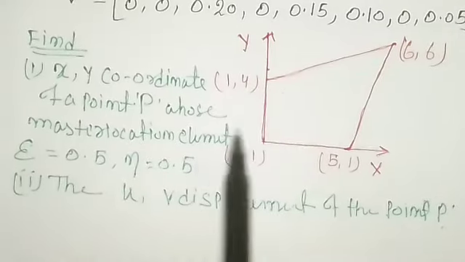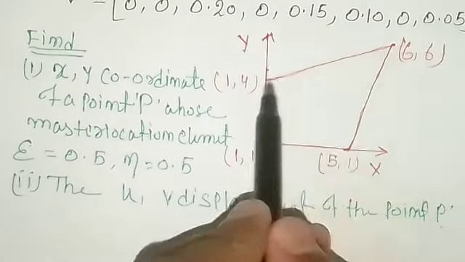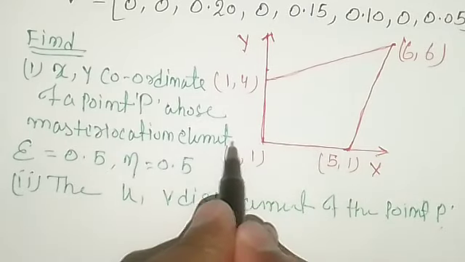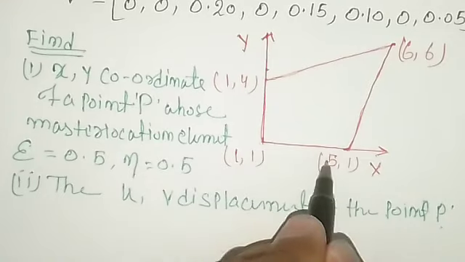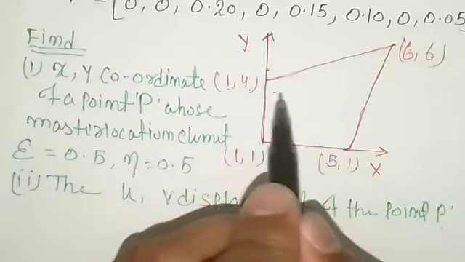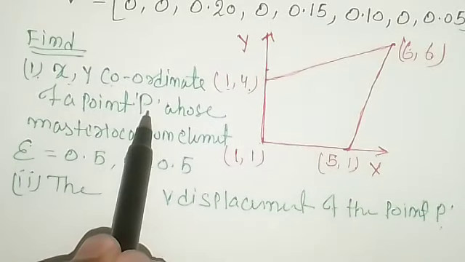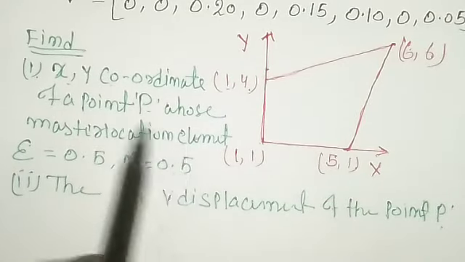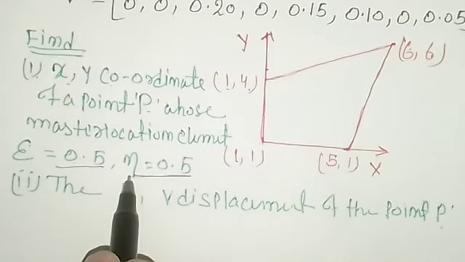Now we need to find out, this is the figure given for the quadrilateral. This is node 1, node 2, node 3 and node 4, right? These are the coordinates given for each node, that is x1, y1, x2, y2, x3, y3, x4, y4. We have to find first, the xy coordinate of a point P whose master location is epsilon equal to 0.5 and eta equal to 0.5.